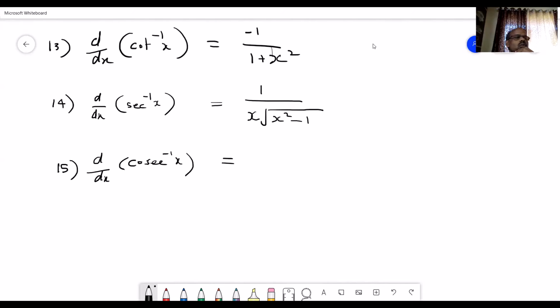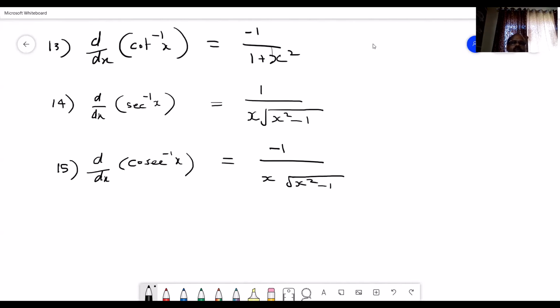When it becomes cosecant, what you have to do? Instead of plus 1, you just make it minus 1. That is the only difference. So this will become minus 1 divided by x into square root of x square minus 1.